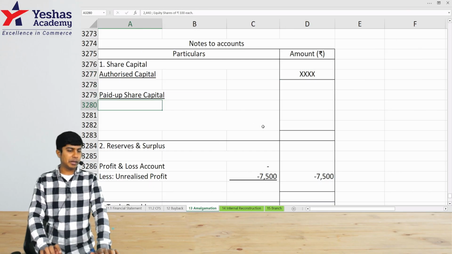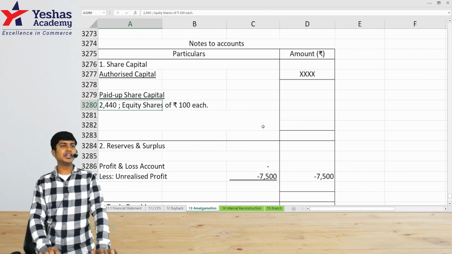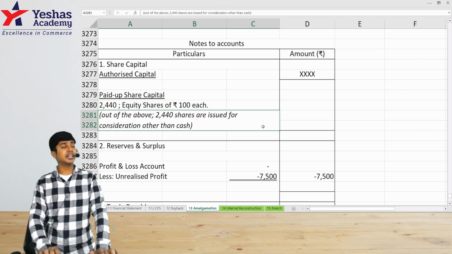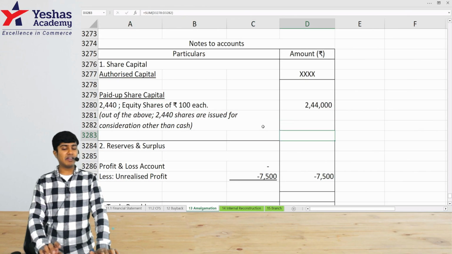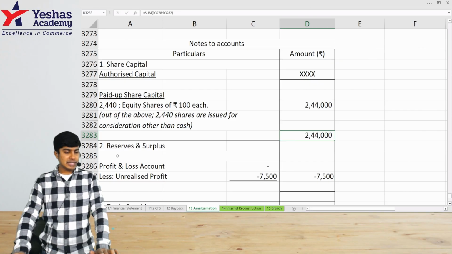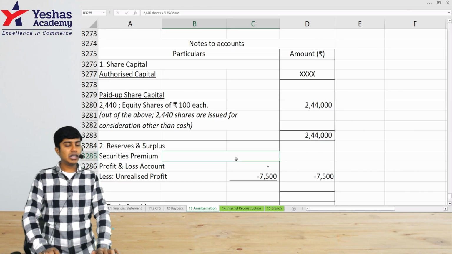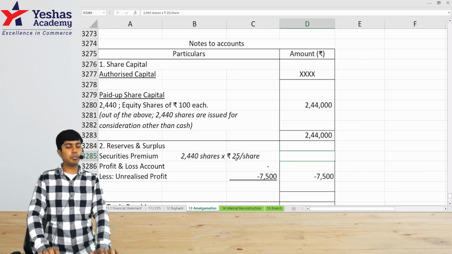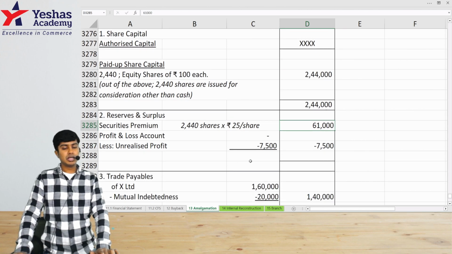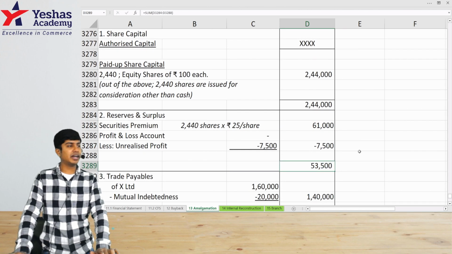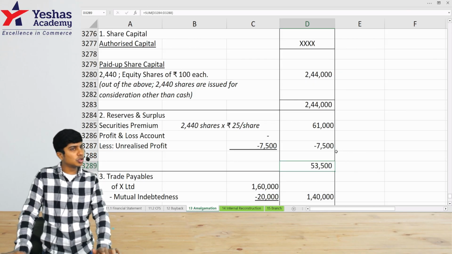I'll write paid up capital 2,440 equity shares of rupees 100 each. All the shares are issued for non-cash consideration, 2,44,000. And securities premium: the same 2,440 shares of 100 were issued at 125, meaning 25 rupees per share is premium. 61 minus 7,500, 53,500. All notes to accounts are done.